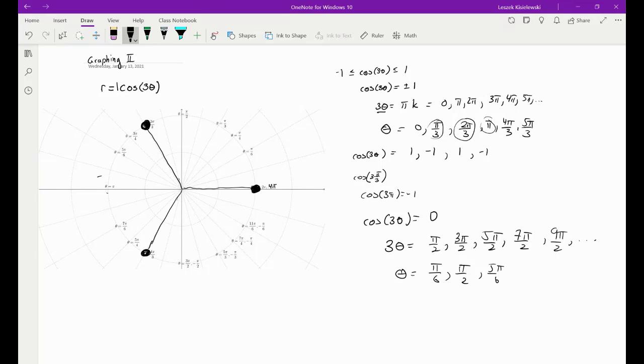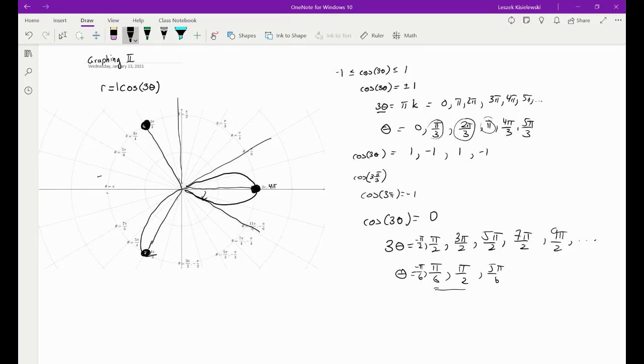Okay. Anyway, here I could have also included negative pi over 2 for convenience. So our first petal would happen between when theta is negative pi over 6 and then positive pi over 6. So those are 2 consecutive values of theta where r is 0, so that's going to define a single petal of our rose curve. The next 2 places are between pi over 6 and pi over 2, but there r was negative.